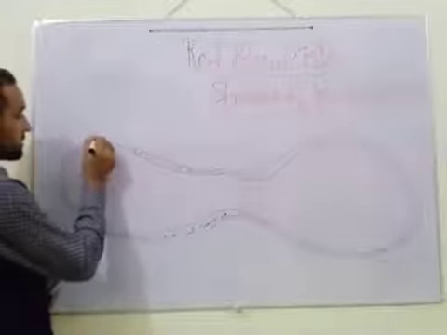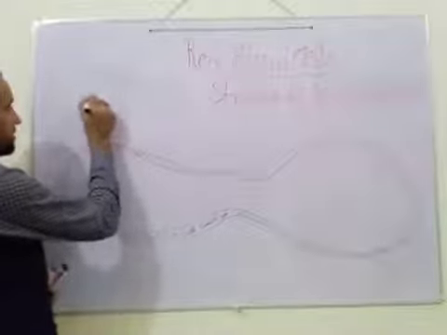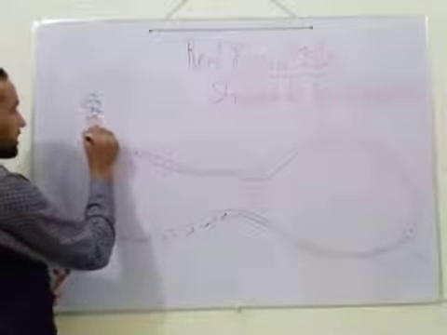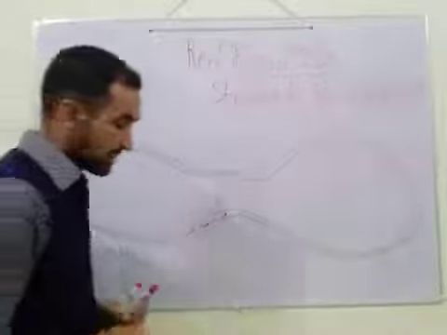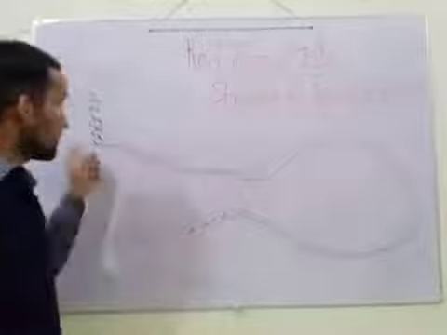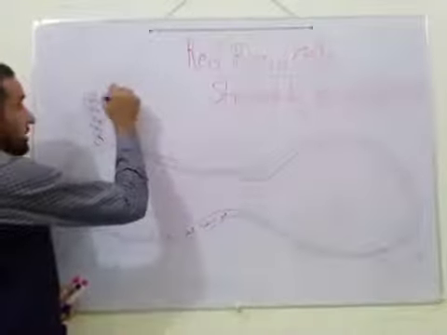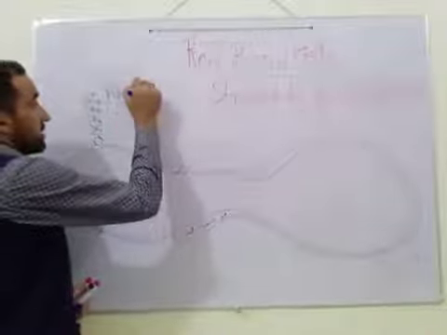For example, this is the chain of oligosaccharide molecule which is present on the plasma membrane of the red blood cell, which determines what? ABO blood grouping system.